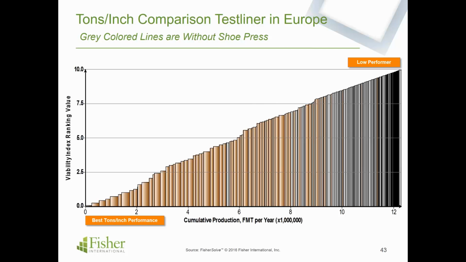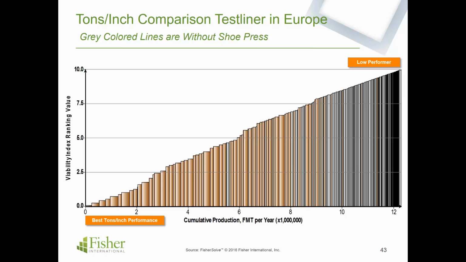I have then here put the same tons per inch comparison on testliners in Europe, and this is again relative, so that best is at zero. So the best performance in capacity per inch of machine width is lowest, that is really the best, and low performance is high on the curve.